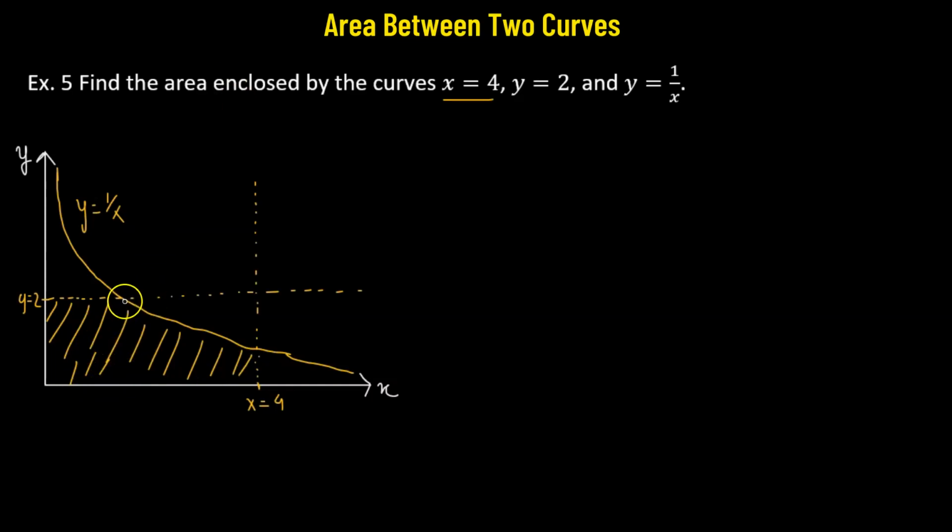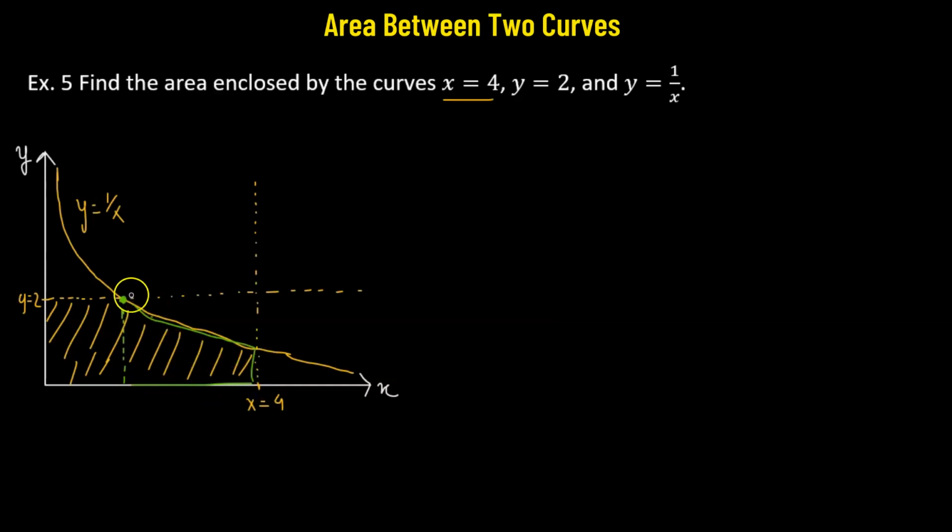For this, first we will need this intersection point. So the idea will be we will divide this shaded region into two parts so that we have a rectangular region and this particular region whose area we will find. So we will need to obtain this intersection point.